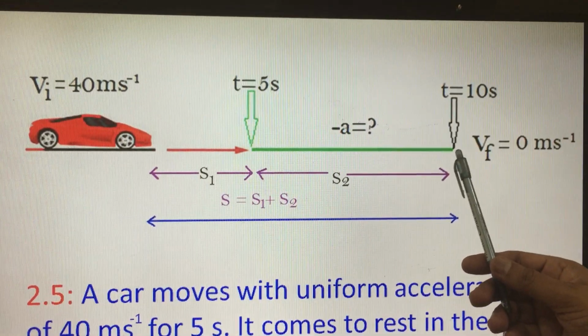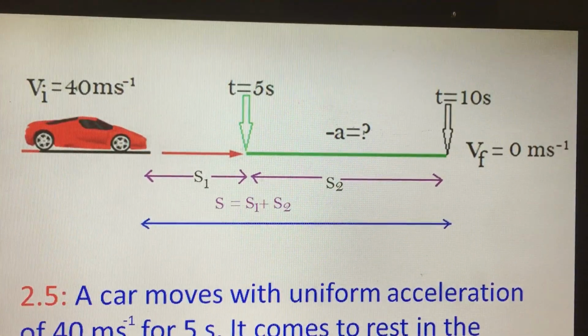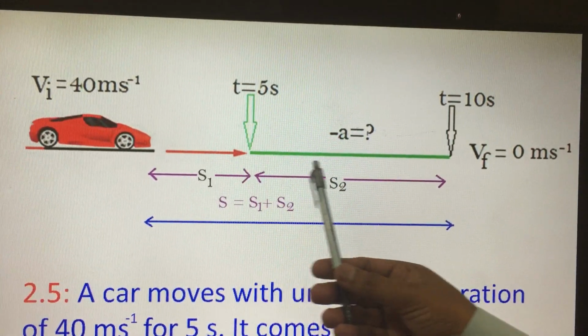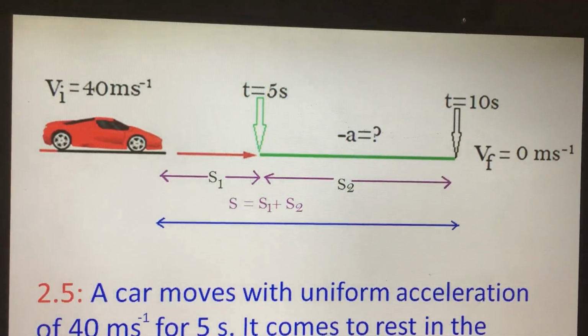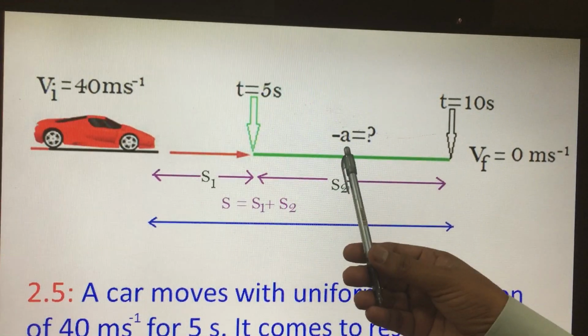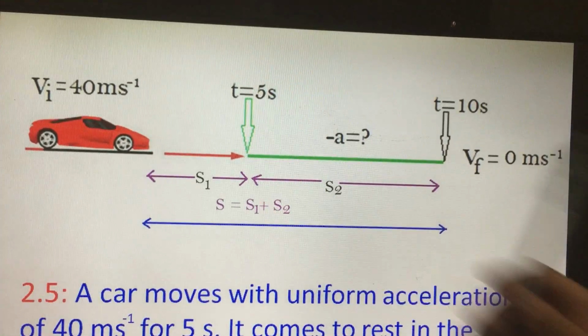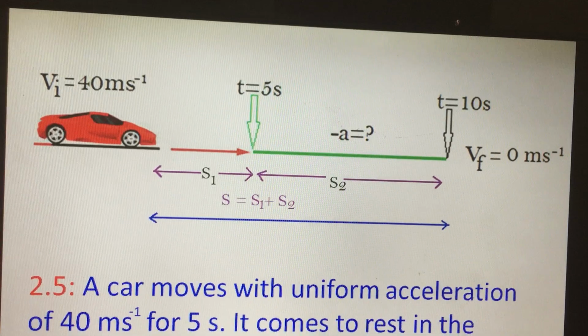So as it will stop, the final velocity is 0. When velocity keeps on decreasing, acceleration is produced, and as the velocity is decreasing, our acceleration is negative, and negative acceleration is called deceleration.